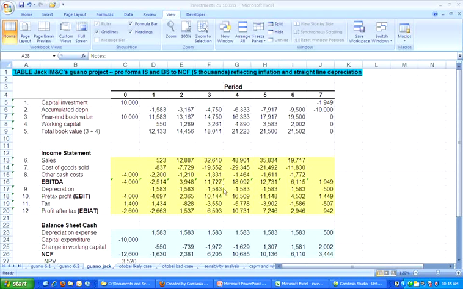Depreciation expense, calculated on a straight line basis, is going to be $1.5 million per year, giving us a pre-tax profit or EBIT of about $10 million. The tax bill is going to be about $3.5 million, leaving us with a projected profit after taxes or EBIAT of about $6.6 million.